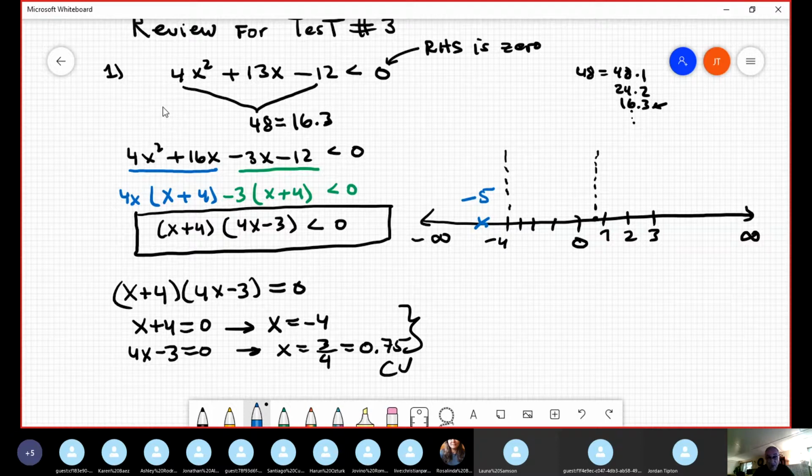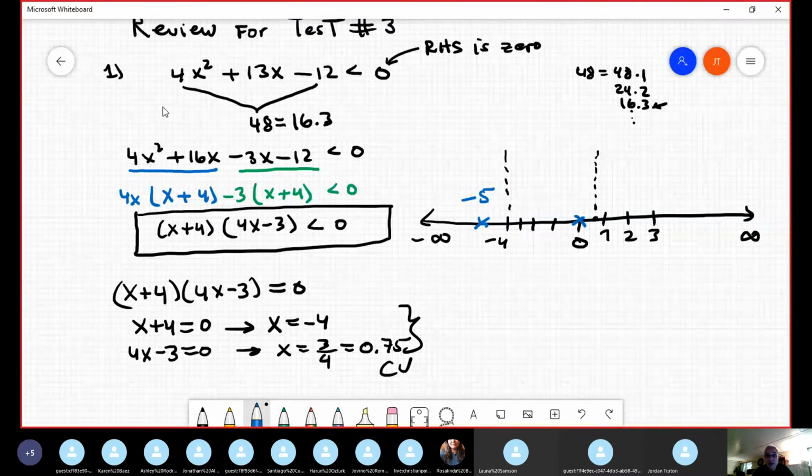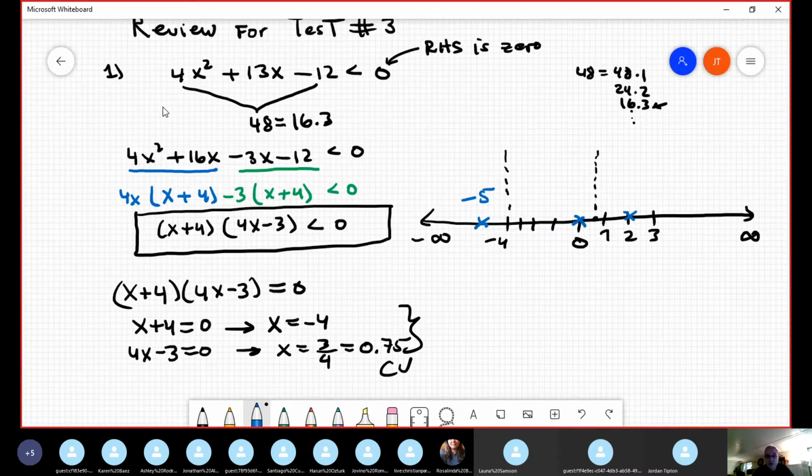So now, one part is algebra, factorization, find the critical values, but using the critical values, you are doing the sketch. You are drawing the real number line, you are doing the partition using the critical values, and you select a testing point. The testing point maybe 0 is good. In this interval, 1, 2, 3, 4, 5. Let me select 2. Doesn't matter what you select. 0 is good and 2 is good.